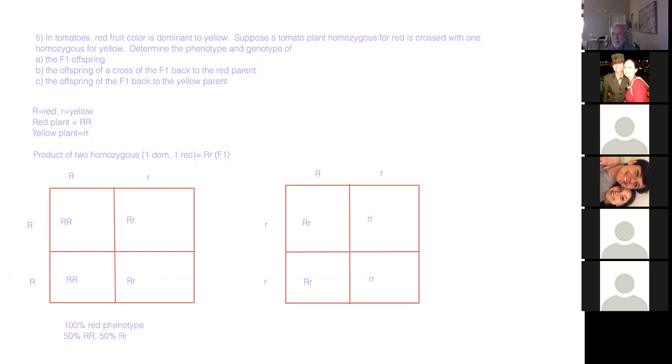That would be my answer for the first question. My answer for the second would be 50% red, 50% yellow, and 50% big R, 50% little r. That would be my answer for the second question. Well, B and C.